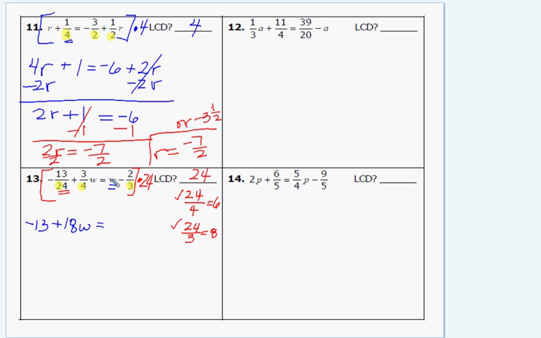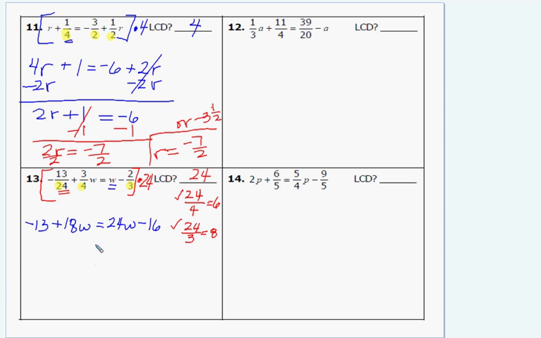So W times 24 is 24W, and then negative 2/3 times 24 is going to leave me with negative 16. Now that I have all of my whole numbers, I'm ready to start solving this equation.